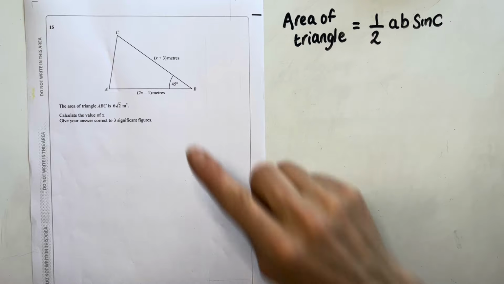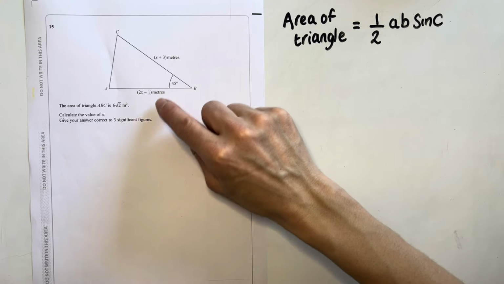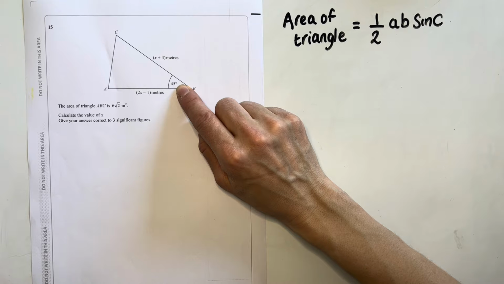We can see from the triangle we're given, we have the two lengths either side of the angle 45 degrees.